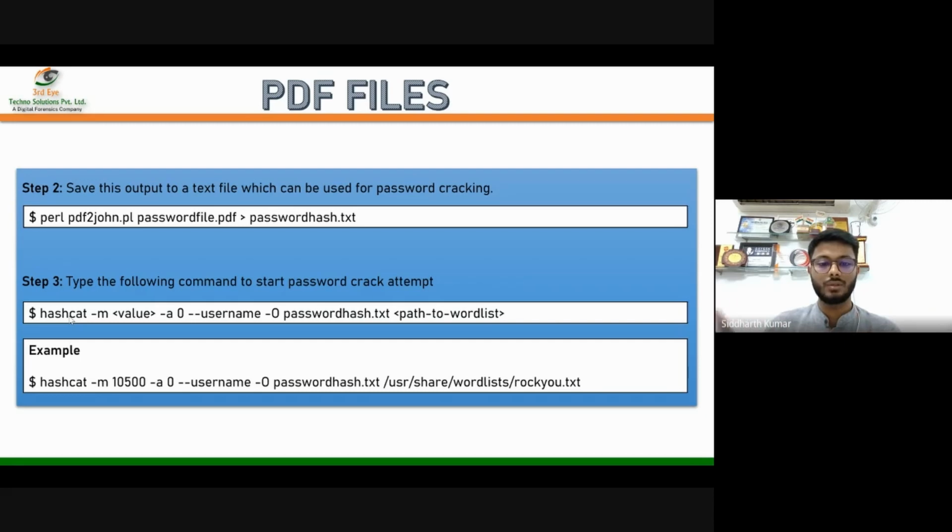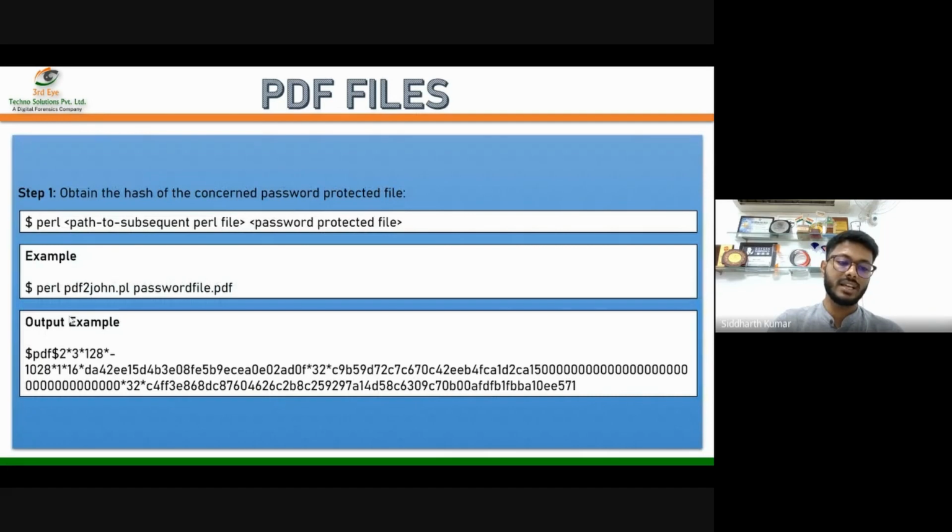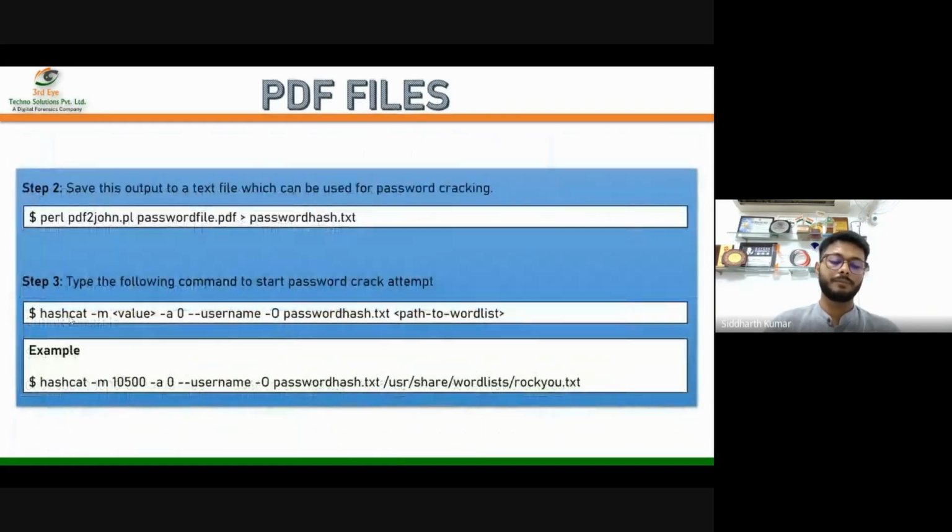Once that is done, you have the password hash. The next thing would be to again call hashcat and specify the value for this particular PDF header: the -m, or the hash type value, is basically 10500. So use this particular value.